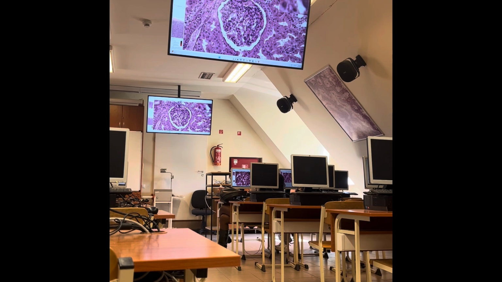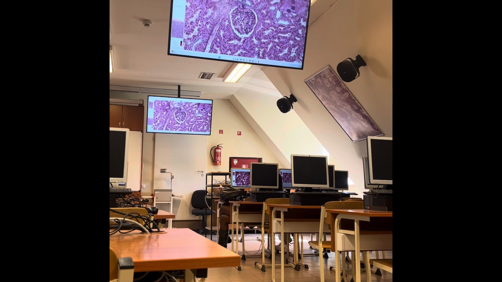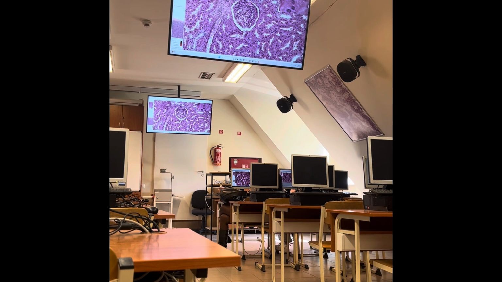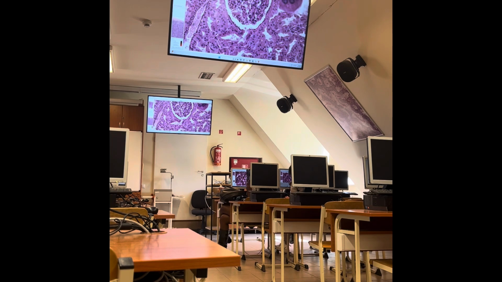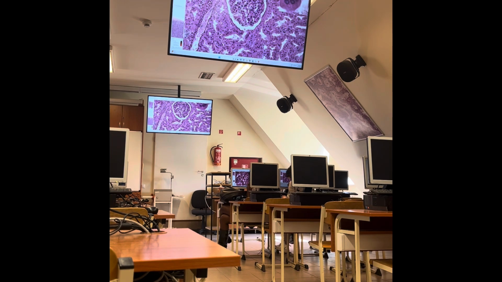Okay, then this is the vascular pole where the vas afferent comes in, and this is the urinary pole where the tubular system starts. This is the proximal convoluted tubule, so that is the first segment.